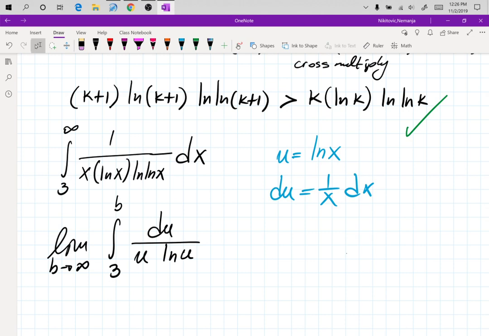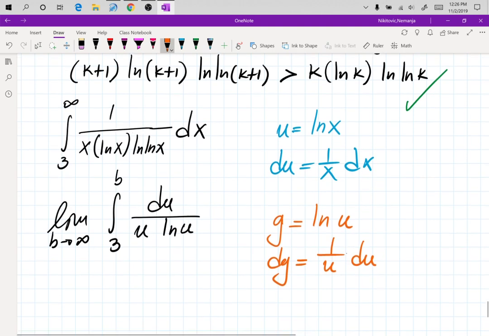What now? U sub again. U sub again, yes. Let g equal ln u. dg is equal to 1 over u du.